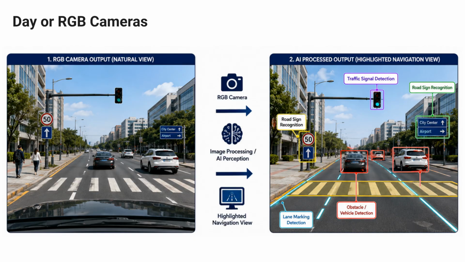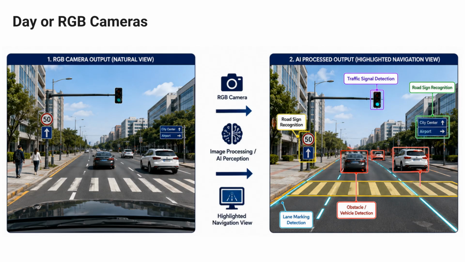This image shows how an RGB camera supports navigation and scene understanding. On the left, we see the natural camera view captured in full color. It shows the road, lane markings, traffic signal, road signs, vehicles, and pedestrian areas, just as an operator would see them. In the center, the RGB camera feed is processed using image processing and AI perception algorithms.